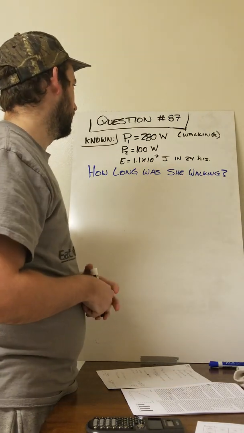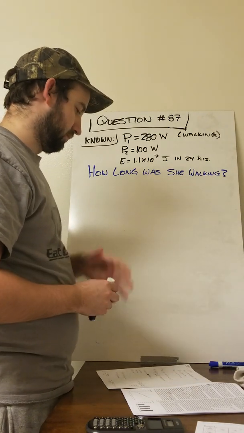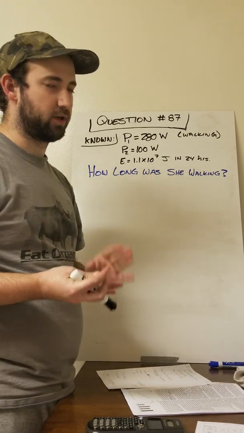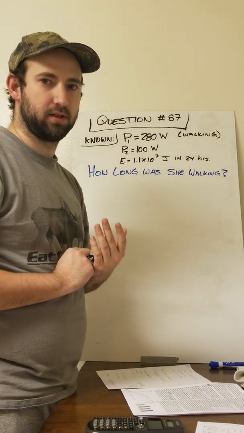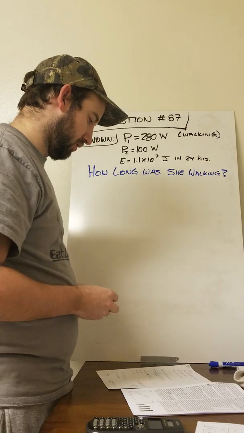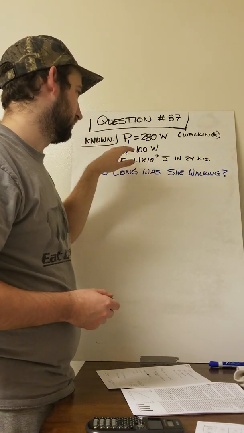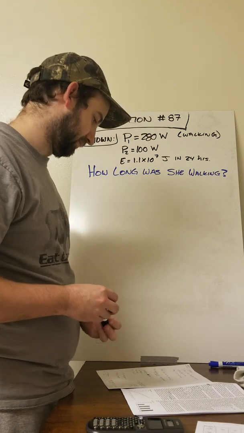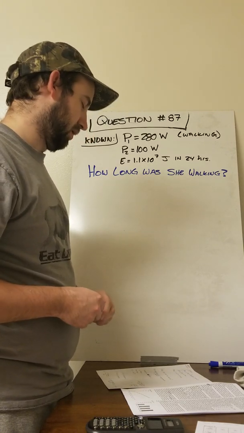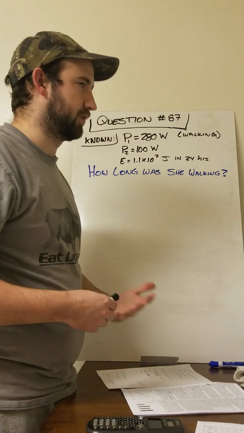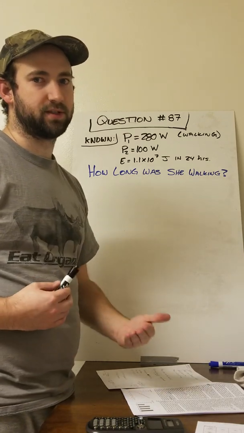So we just use what we know between power and energy, and we solve the problem. So first of all, we need to convert this 24 hours into seconds, because our time within the equations that we use for energy and power deal with seconds.